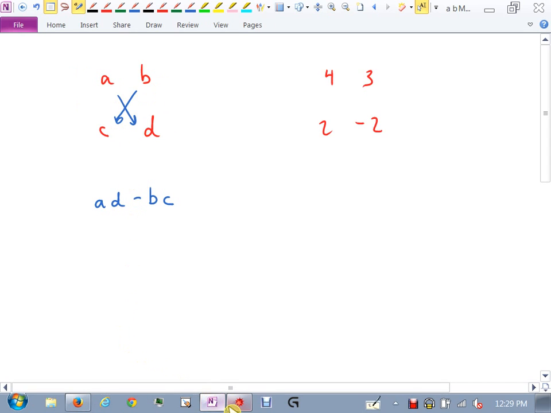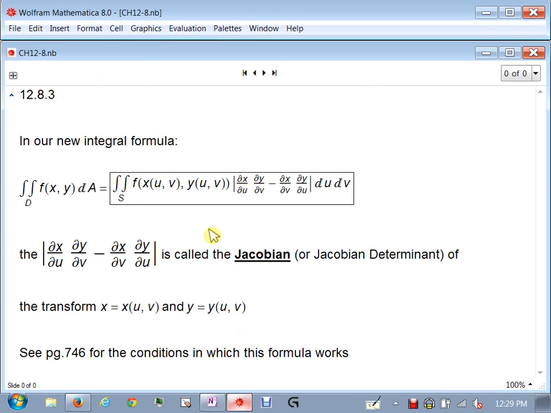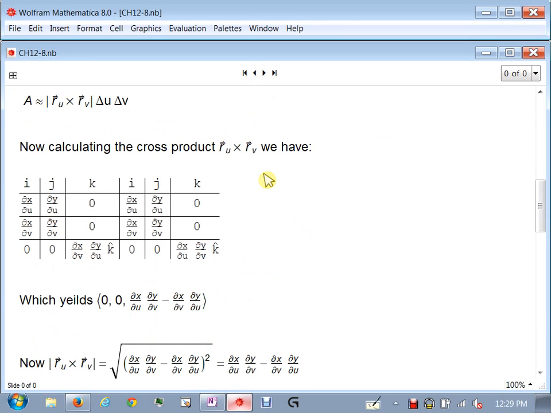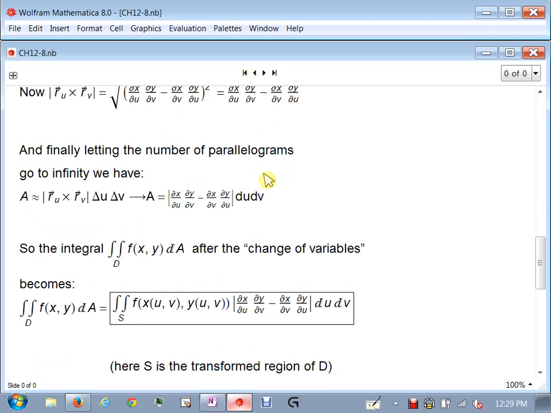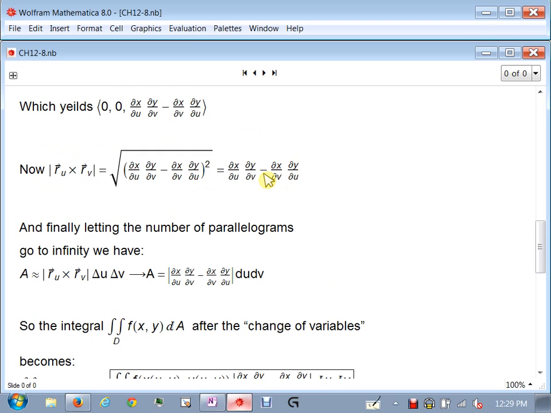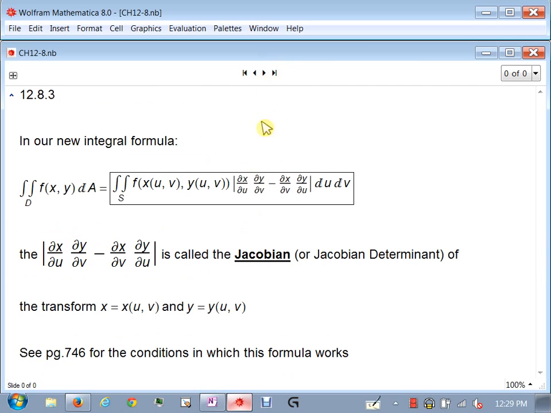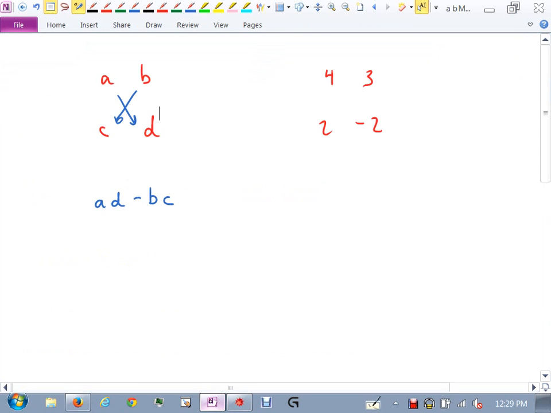And so if you go back and take a look at this right here, I guess I can just give it to you in this formula. This is your A and then your D, minus your B times your C. So let me go back to my picture.